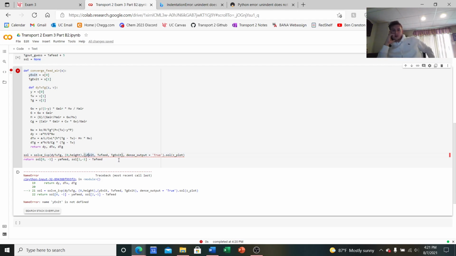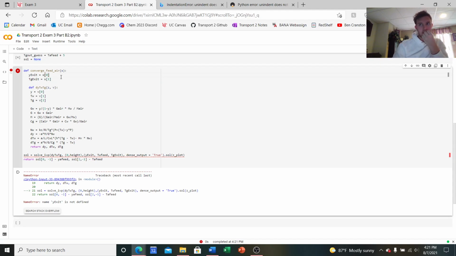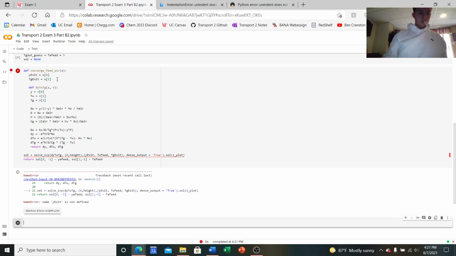It should be cycling through that, storing against Z. Why is it saying that it's not defined?